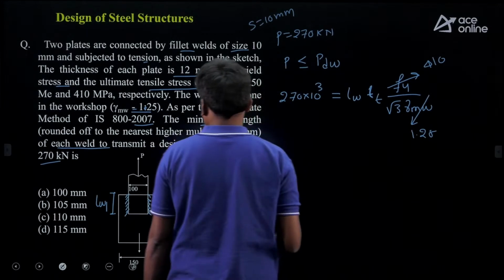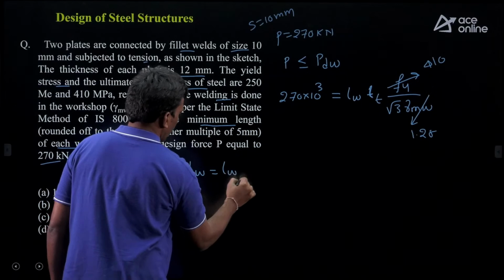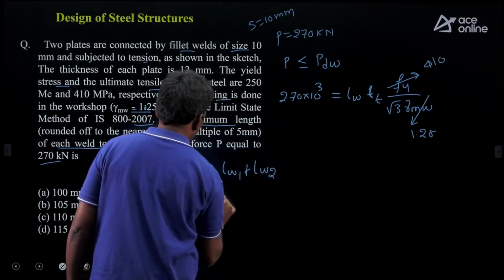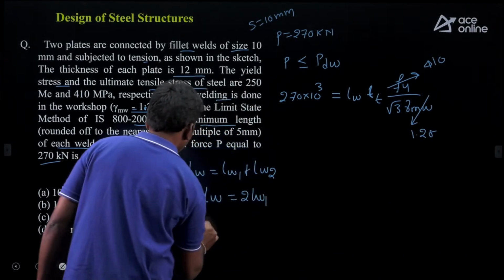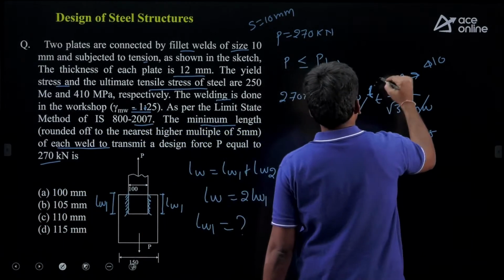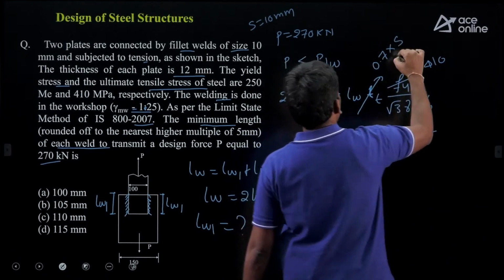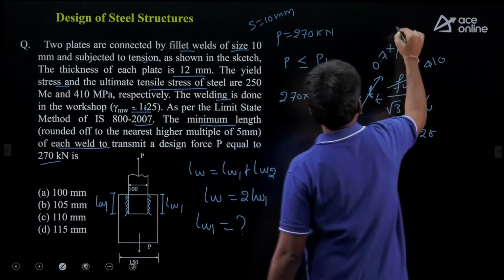Students, here LW equals LW1 on two sides, right? Then LW equals 2 times LW1. So we have to find LW1 only. Effective throat thickness equals 0.7 into size of weld. What is the size of weld given here? The size of weld is 10 mm.